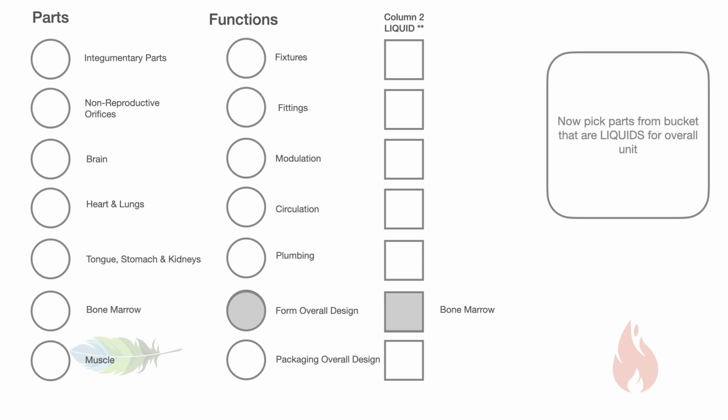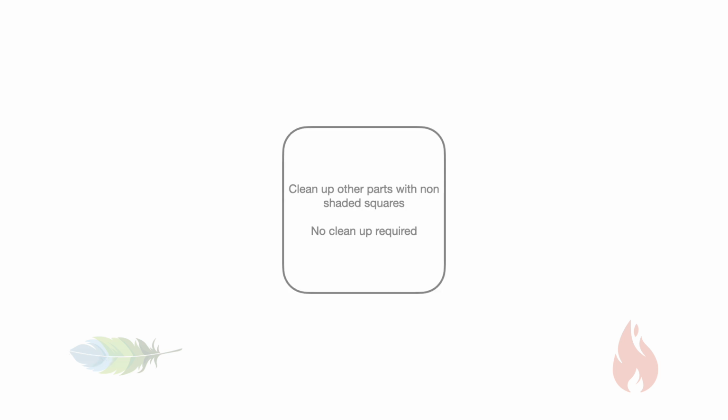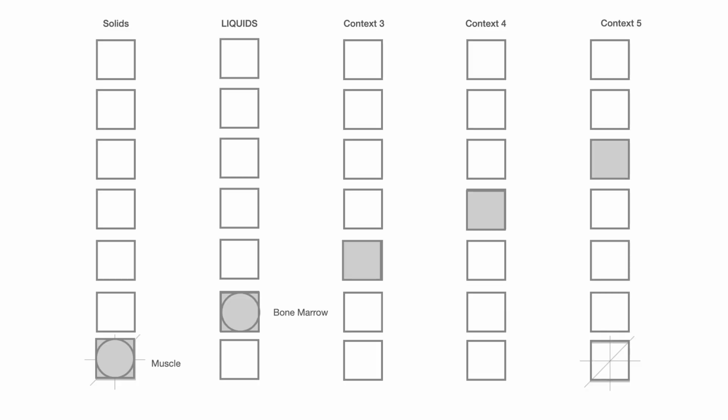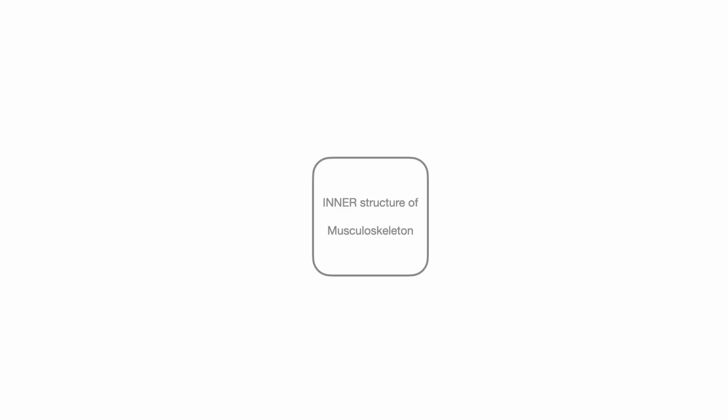And none of the other parts are liquid, so no worries whatsoever. All right, there we go, second column. So those parts together compose the inner structure of the musculoskeleton.